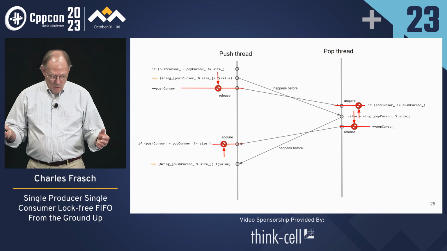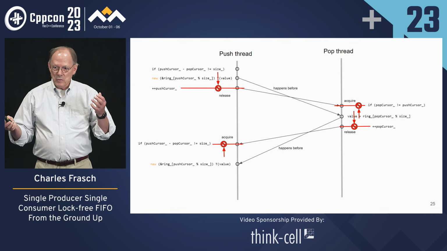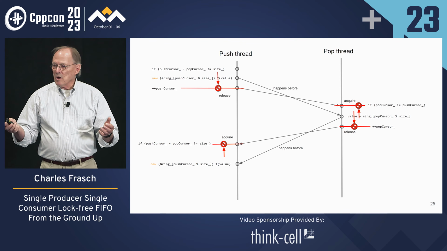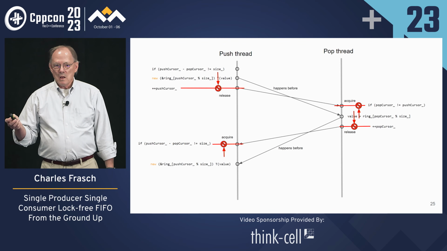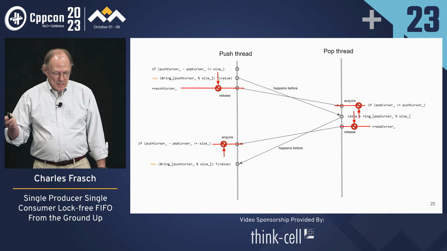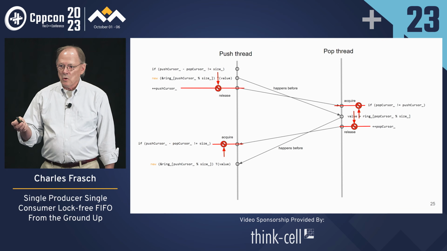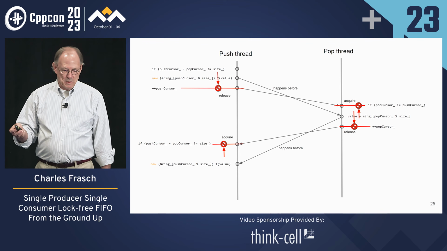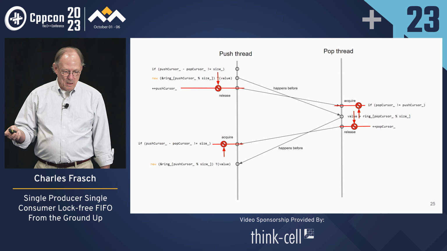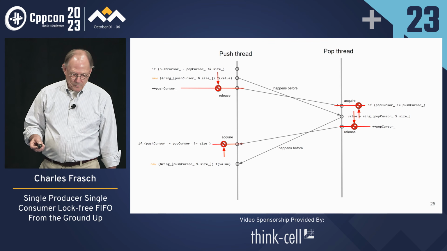So the combination of the release and acquire on the same atomic variable means that the push cursor store is sequenced before the push cursor acquire in the pop thread.